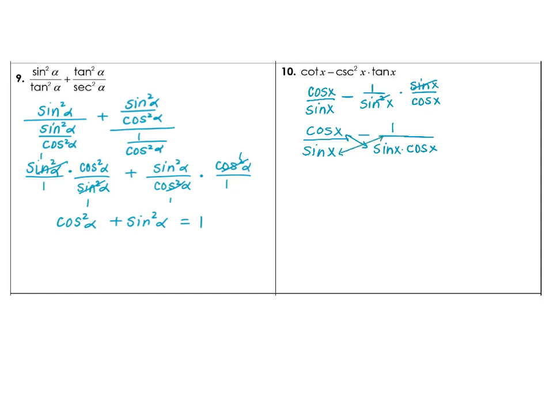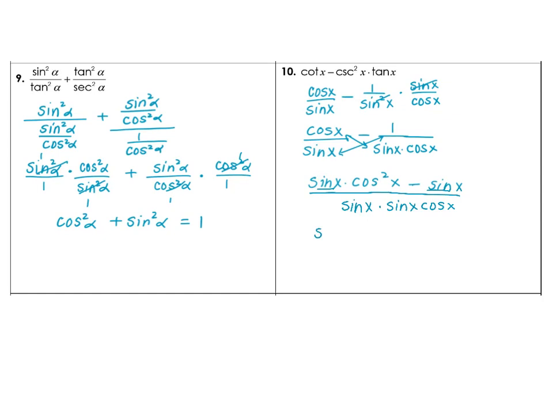So if we cross multiply here, we're going to have sine x times cosine squared x minus, and here that's going to give us sine x. And this is all over, and I wouldn't multiply this out so much as just rewrite it here, sine x cosine x, because I'm hoping some stuff will cancel. Notice in the numerator we have another GCF of sine x.